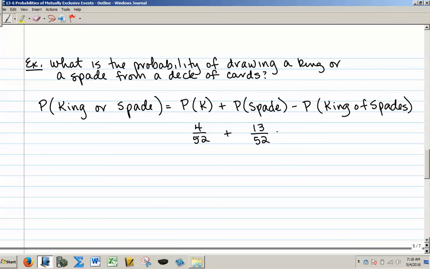And I can't really count them twice. So I need to subtract the probability of it being both at the same time. So that's going to give me 16 out of 52, which reduces to 4 out of 13. So if the two things can happen at the same time, you need to subtract the probability of it being both at the same time.